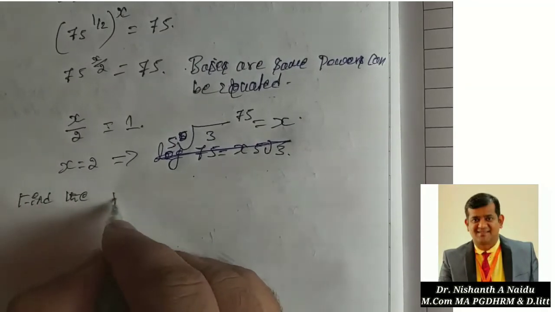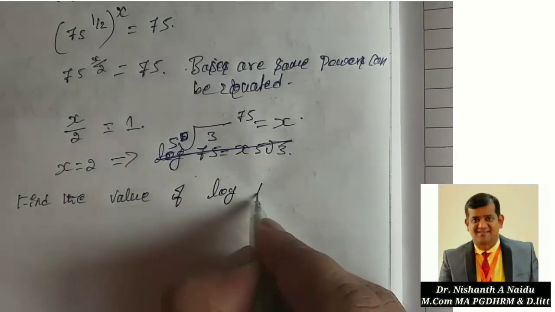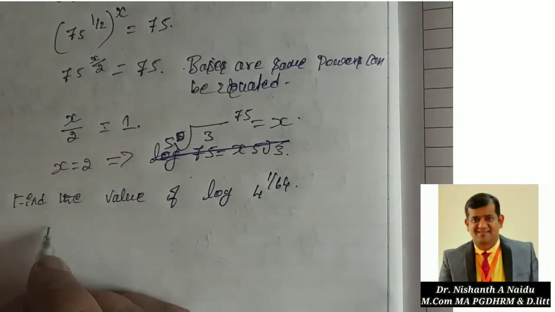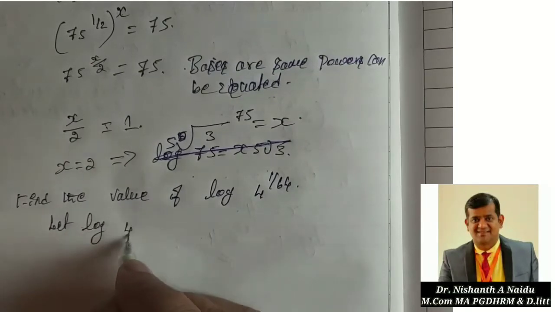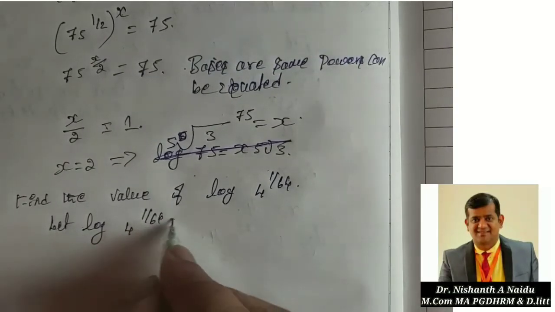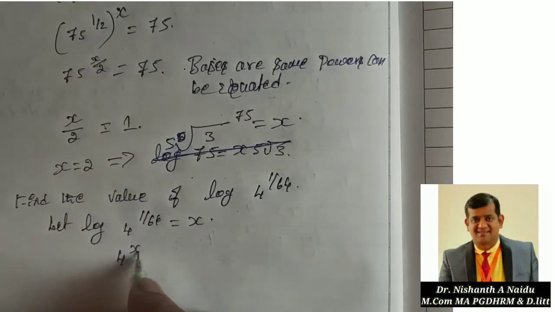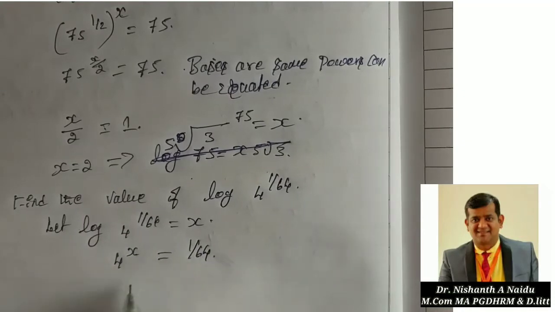Find the value of log 4 to the power 1 divided by 64. So 4 to the power x equals 1 divided by 64.